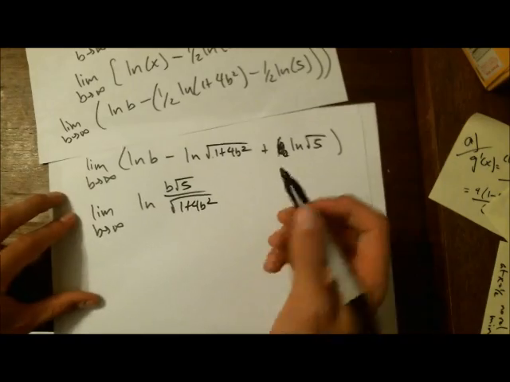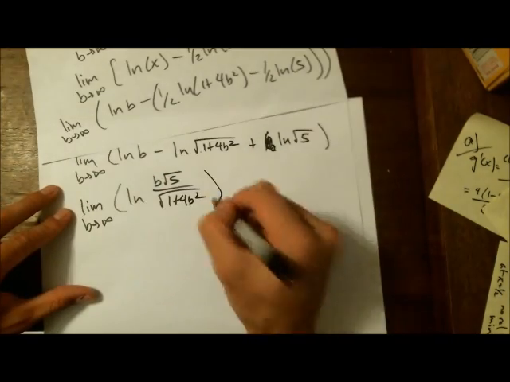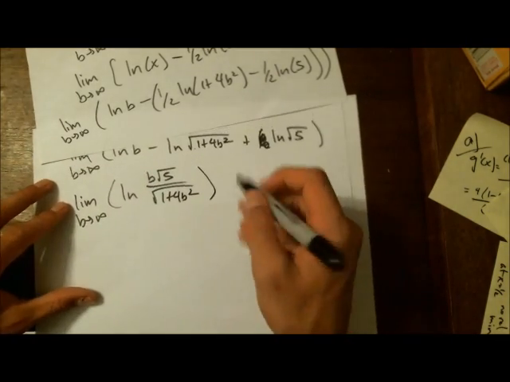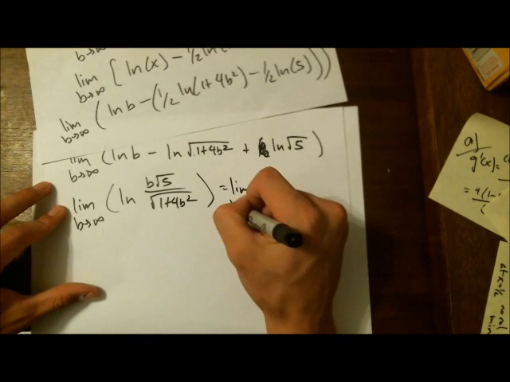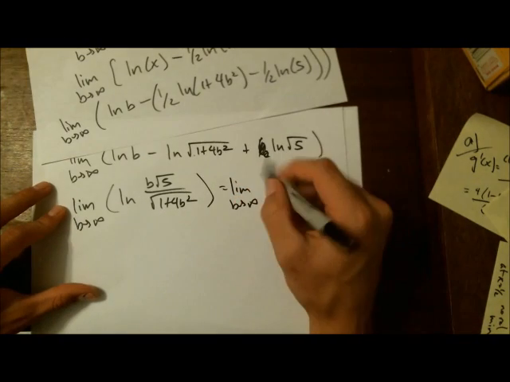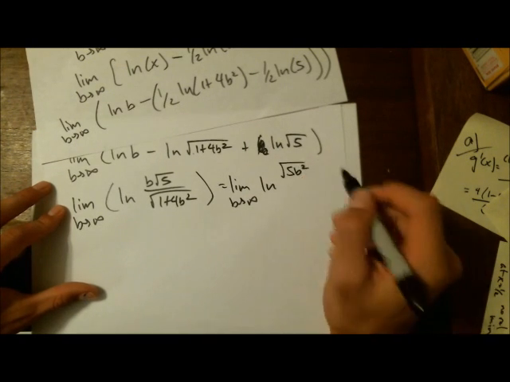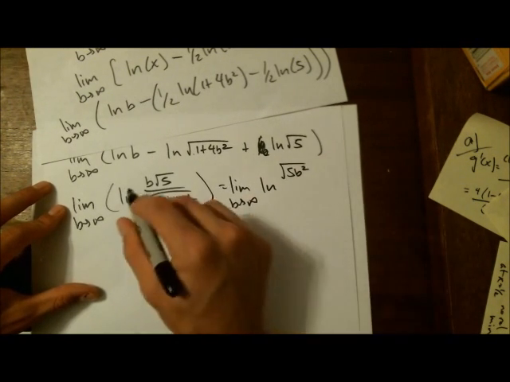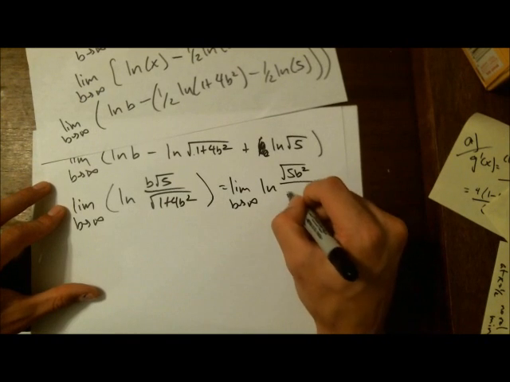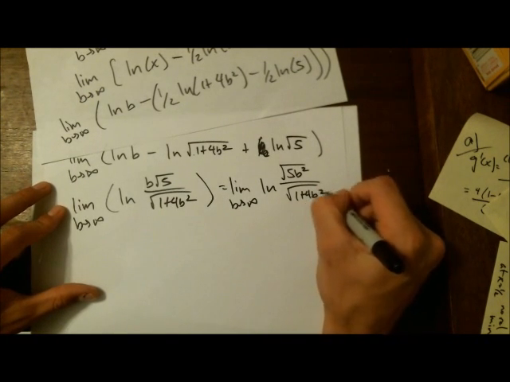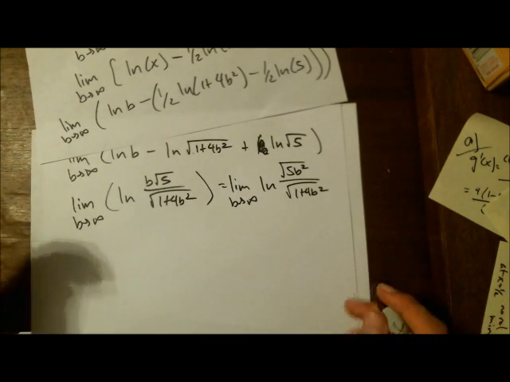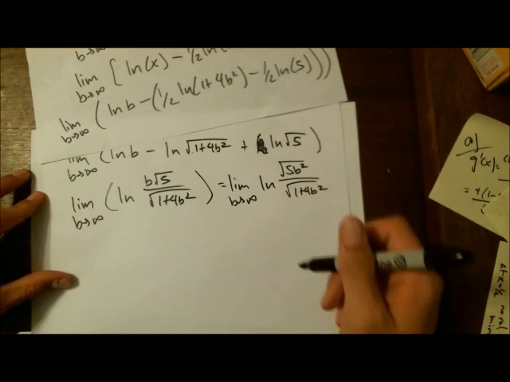So still straightforward up to here, but this is where you have to get crafty, and the crafty thing you have to do is change it to the limit of the square root of 5b squared. Just taking your b and putting it under the radical allows you to take out that radical.